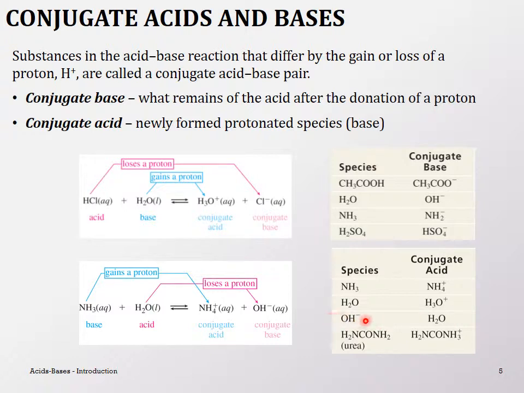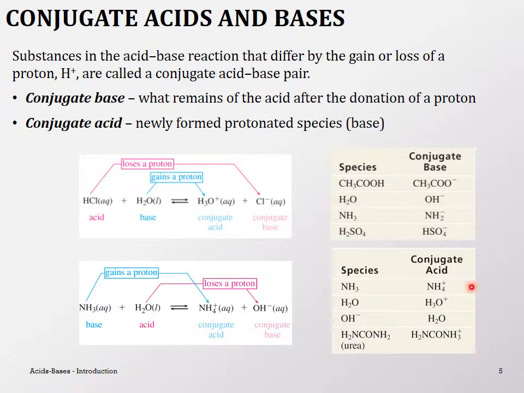OH minus, the hydroxide, which was a conjugate base over here, if you add H plus to that, will obviously give you simply water. And then here's urea. Again, this is an organic base. You add H plus to that to give the conjugate acid, and you can add the hydrogen here or here. It doesn't matter because both of these are nitrogens. So we added it here, and so this gives you an NH3 plus.